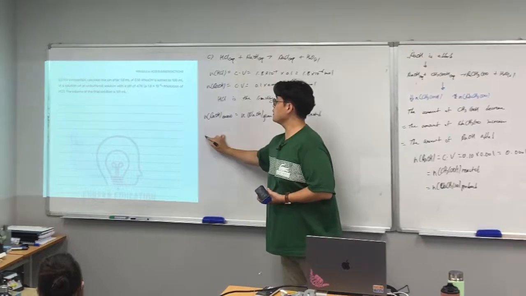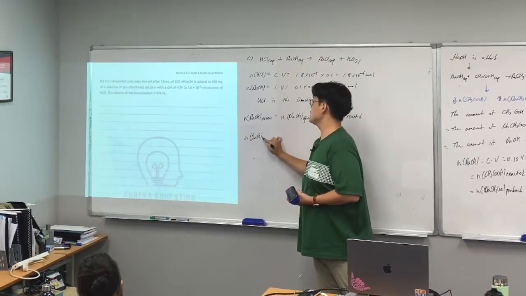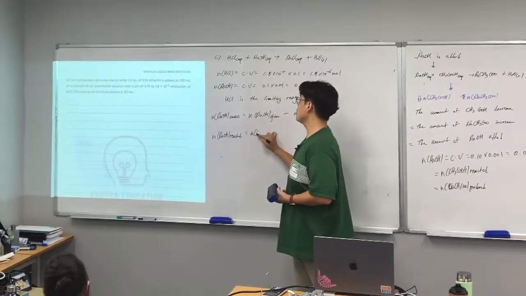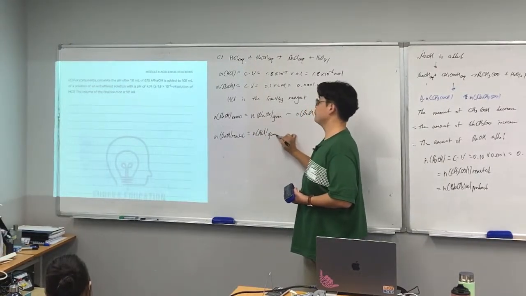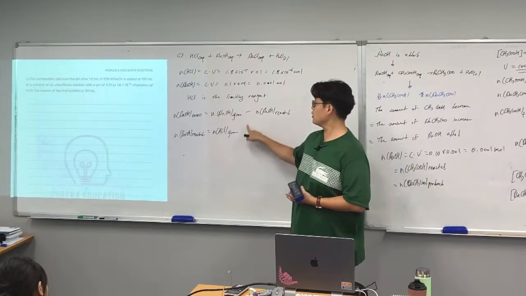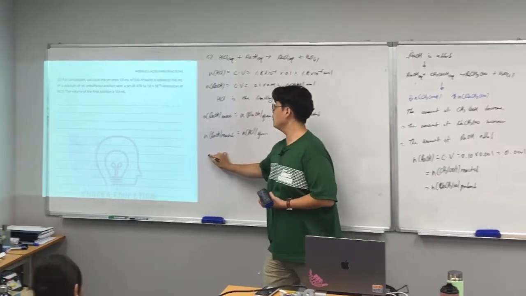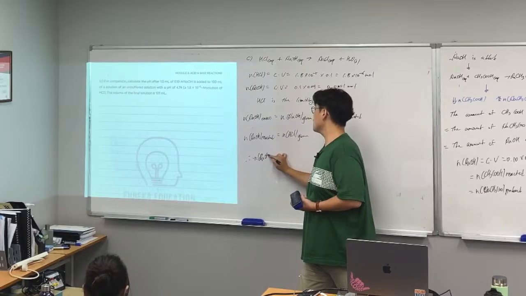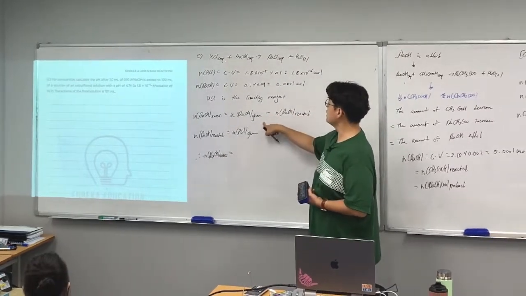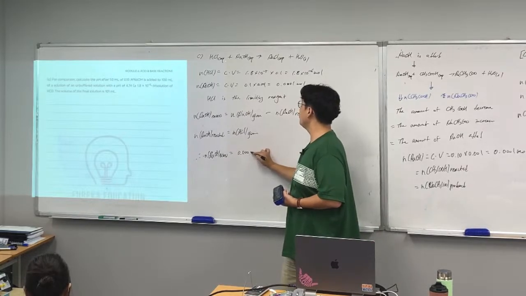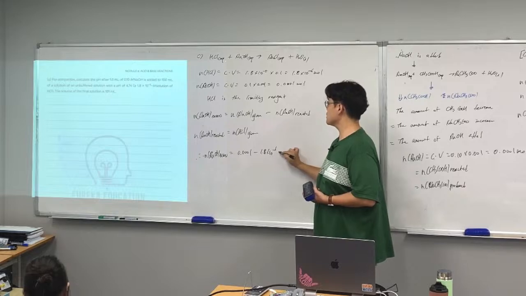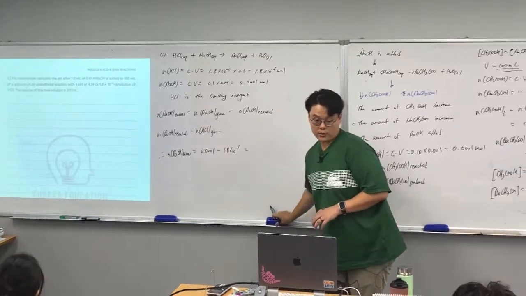The n of sodium hydroxide reacted will be the same as the amount of hydrochloric acid given, because that's the limiting reagent, isn't it? Therefore, n of sodium hydroxide in excess is the given amount, 0.0001, minus 1.8 times 10 to the power minus 6.